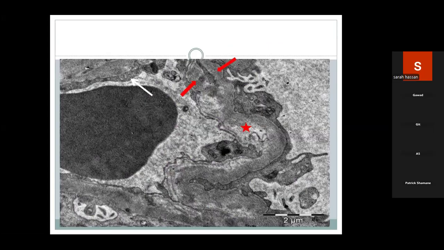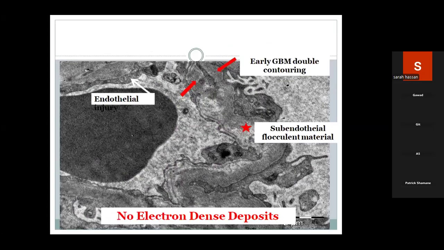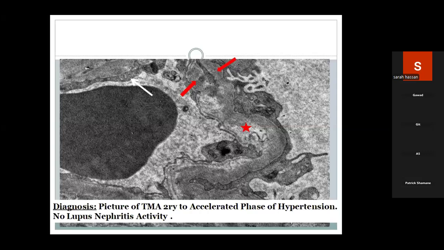So the picture is TMA, which is probably secondary to an accelerated phase of hypertension, with no lupus activity in this case. Hypertension may also cause severe endothelial injuries that may lead to glomerular capillary collapse, as we have seen here in this collapsed and irregularly contoured glomerular basement membrane.